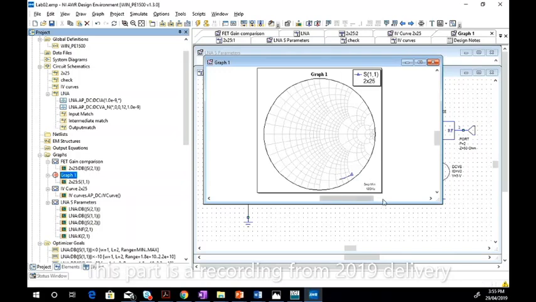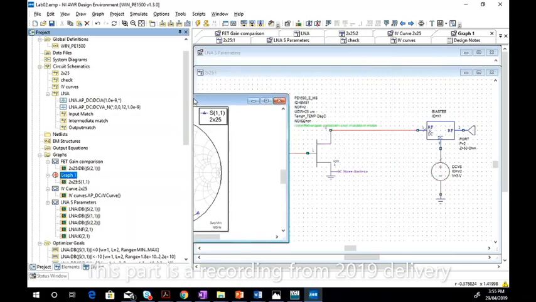So that's S11 of that transistor at the gate.